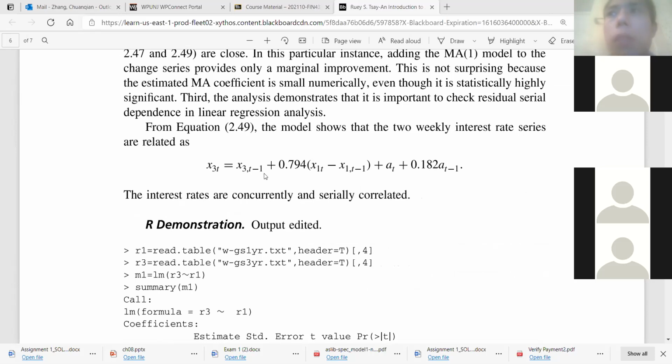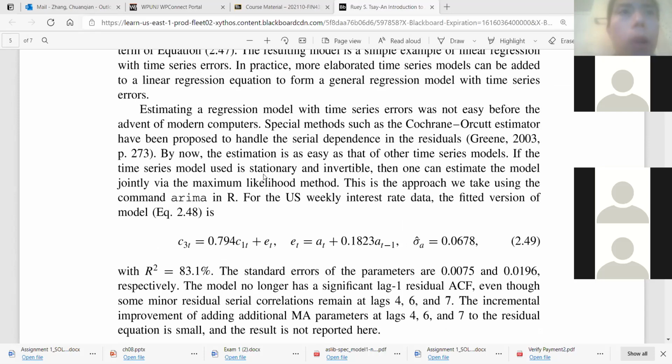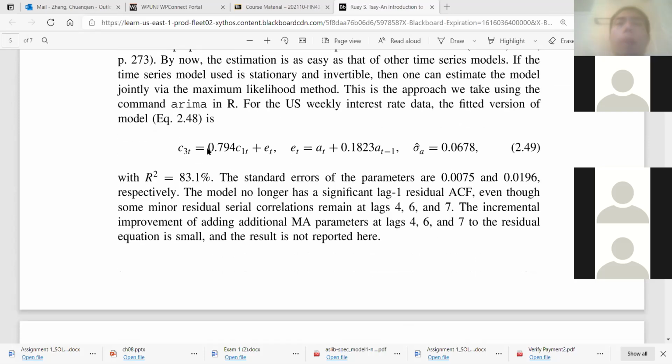Now there's a question here. This is a separate model, right? That means the year 3 differences, the year 1 differences, and this is the residuals. We want to recover this model to the original form. That means you express X and Y not as differences but as levels, converting back to the interest rate.